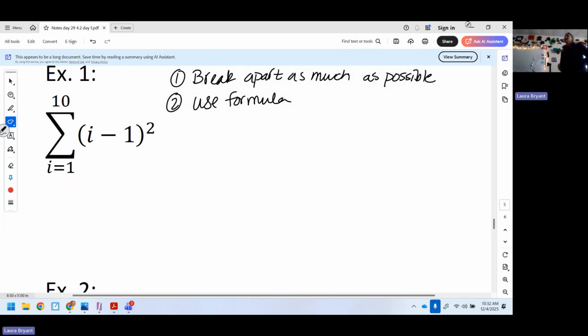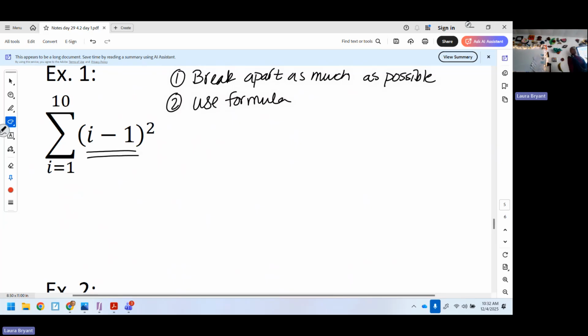Okay, the problems we're about to work on, we're still not quite there where we're doing the full-on calculus problems, but we're getting there. We're almost there. This is going to help us bridge the gap. So my steps for you are: break apart as much as possible and then use the formula. We just did those 4 formulas and I said, try to memorize these as much as you can. So we're going to work on the equation itself right here, multiplying that out and breaking it apart.